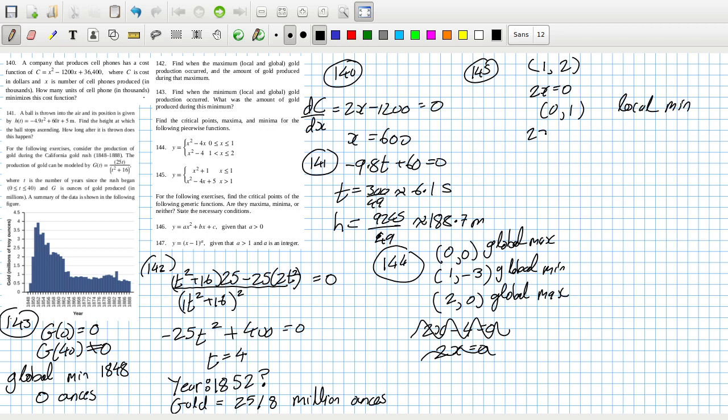And then 2x minus 4 equals 0. So that x is 2. 2 squared is 4. 4 minus 8 is -4. 2, -4. Okay, that's a global min. Also a local min. Since that's at 1, it must mean that this is also a global min as well. No global or local max.